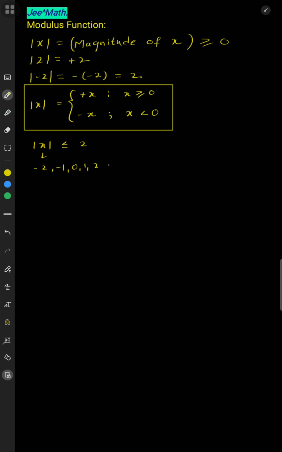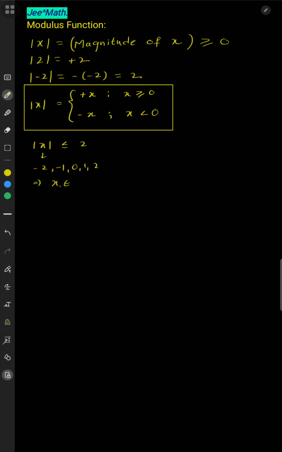These values can be taken, but you can't take 3. If I write 3, modulus of 3 is plus 3 only. That is less than or equal to 2 is going to be an incorrect statement. So you can't take values like 3, 4, 5, or before minus 2, minus 3, minus 4. So it implies what?